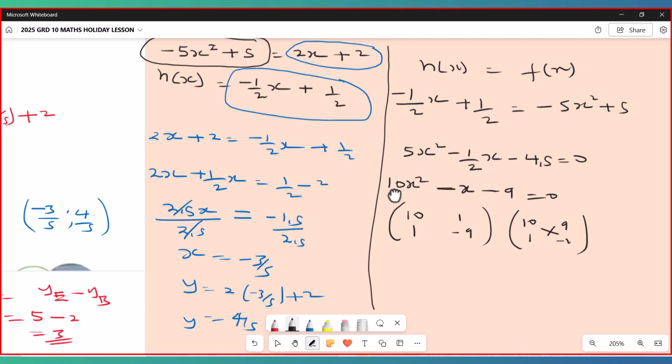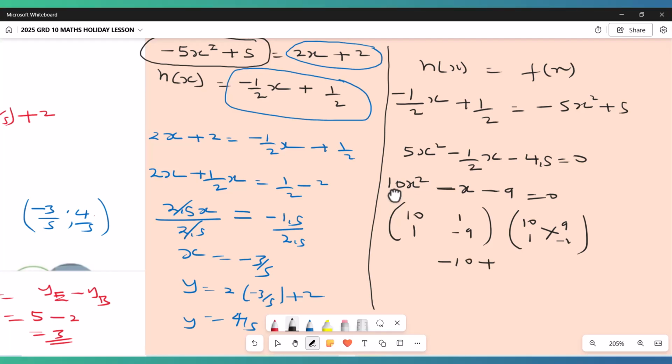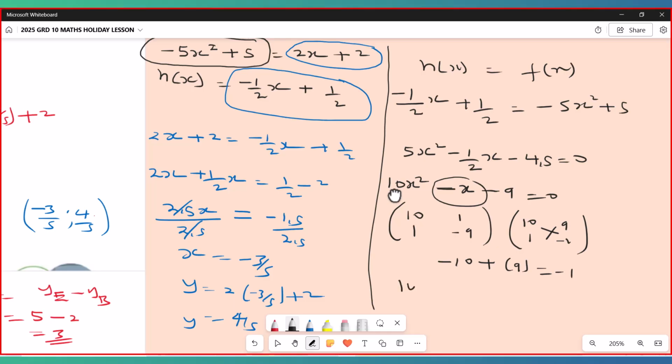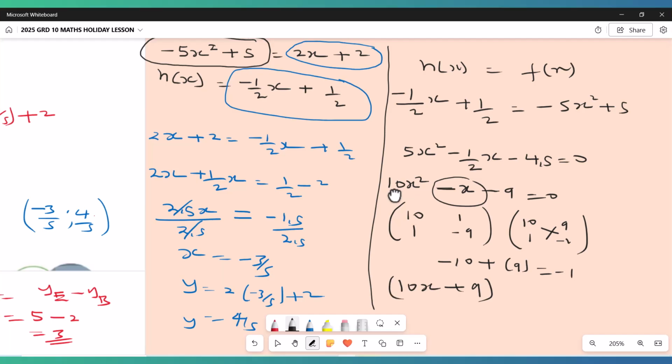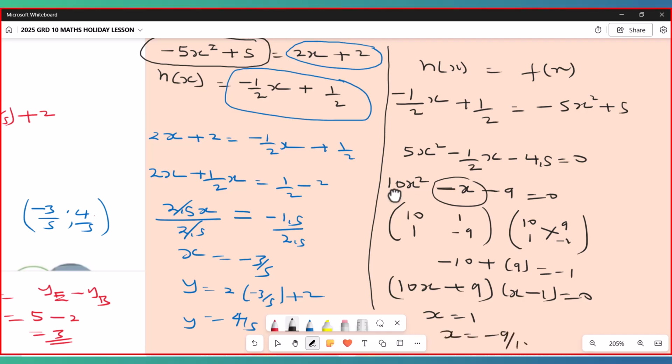If I cross here now, 10 times negative 1, negative 10, plus 1 times 9 is positive 9. It gives us negative 1, which you see appearing here. So that means my 10x plus 9 multiplied by x minus 1 equals 0. Therefore, x equals 1 or x equals negative 9 over 10.